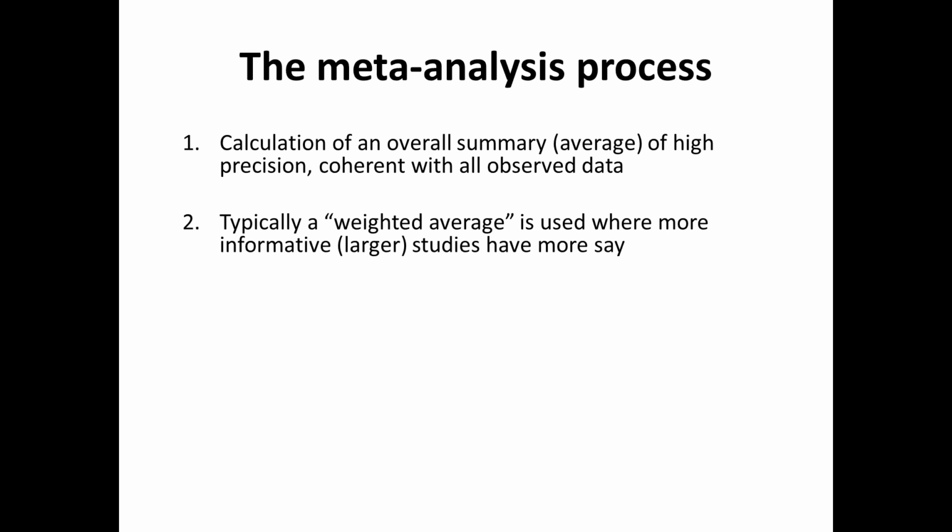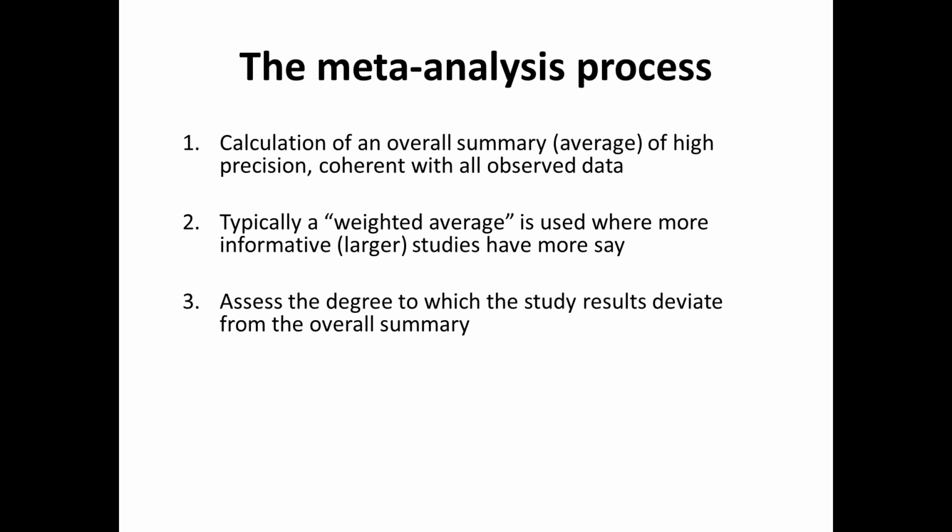And what we have is typically a weighted average, so that the larger, more precise studies have a greater say in the meta-analysis. And then we also want to assess to what degree these individual study results deviate from the overall summary. So that tells us something about heterogeneity.